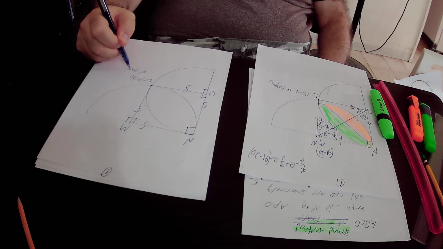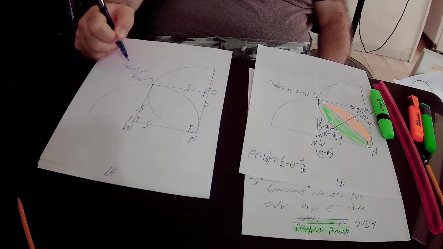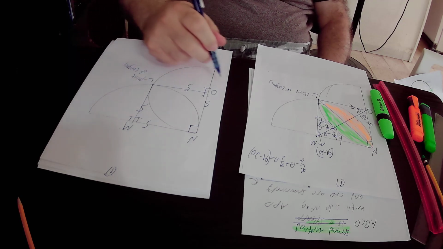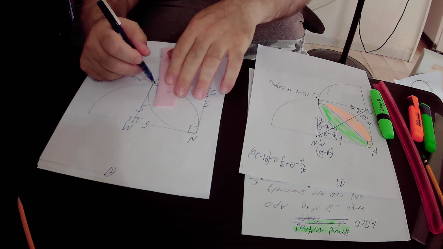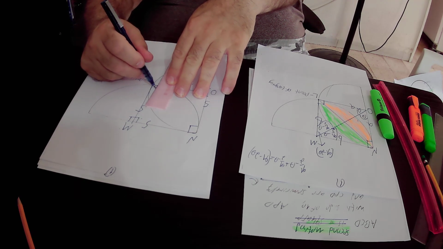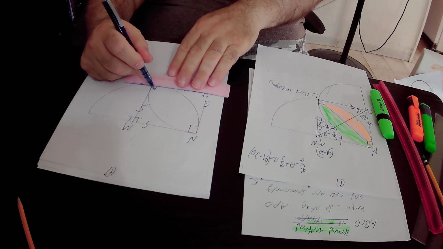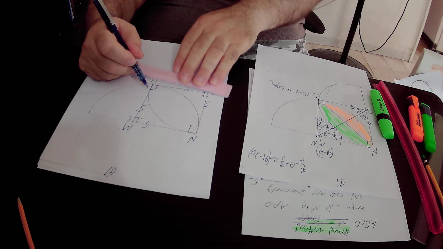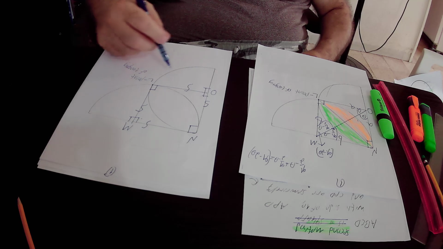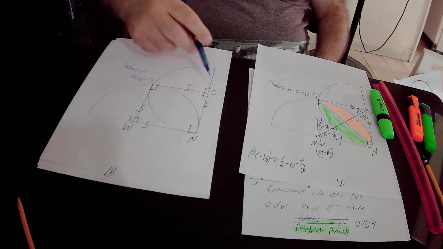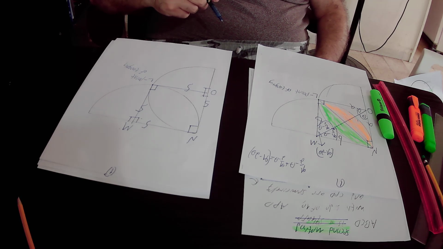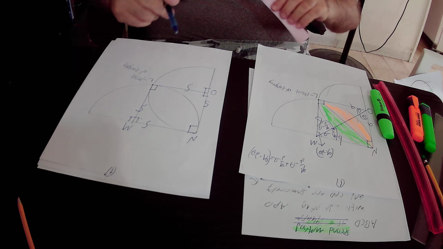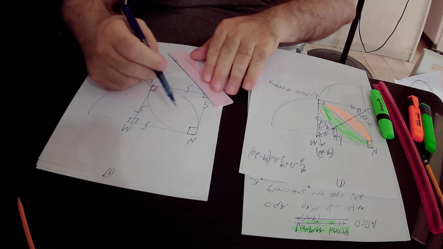And whenever you have a radius drawn to the point of tangency, then tangent ML will be perpendicular to the radius OL. So we have two different reasons that this angle equals 90 degrees. So actually we have here a square. In the next step, we join points N and O together by a straight line.